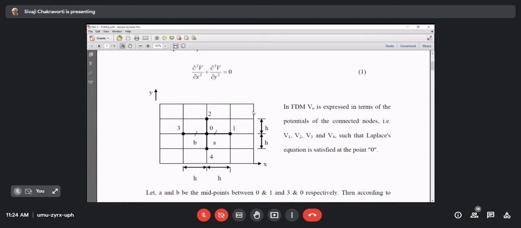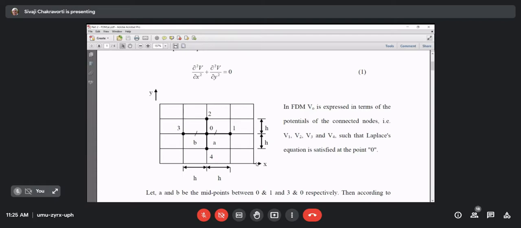Probably you are aware. So here you follow the same principle: if I take these nodal distances to be adequately smaller, then this assumption that the potential is varying linearly between two nodes will be valid. But if that is the case, then if my region is large, there will be a very large number of nodes because nodal distances are small.